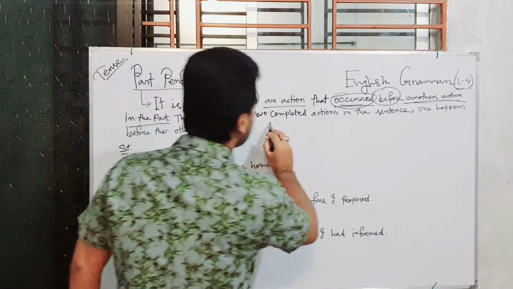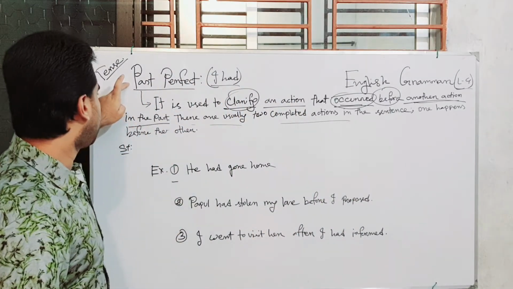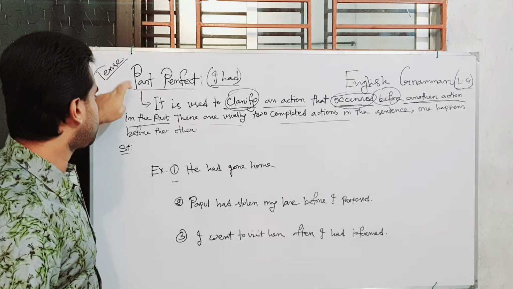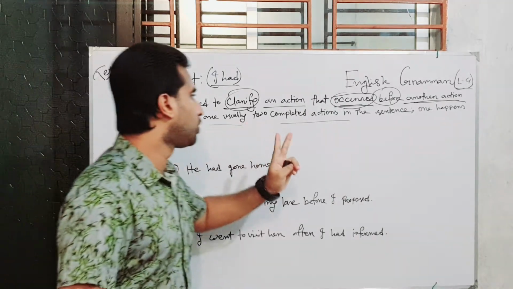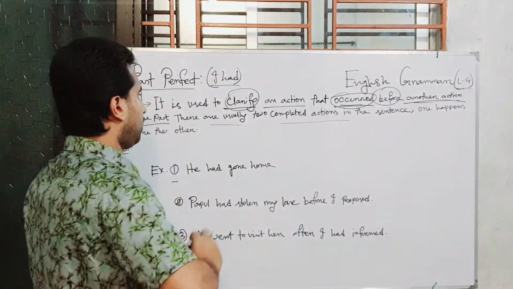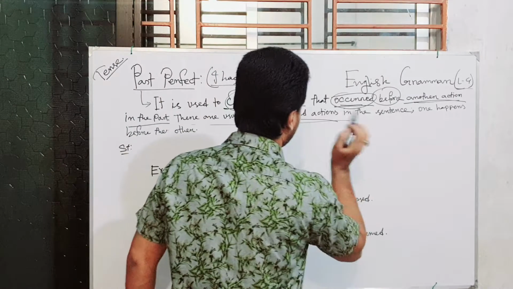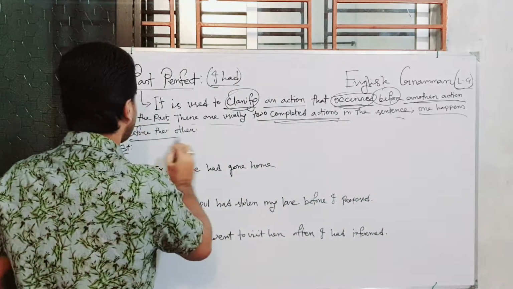There are usually two completed actions in the sentence. Generally, in a past perfect tense, you can find two clauses in a sentence. Two completed actions in the sentence, one happens before the other.